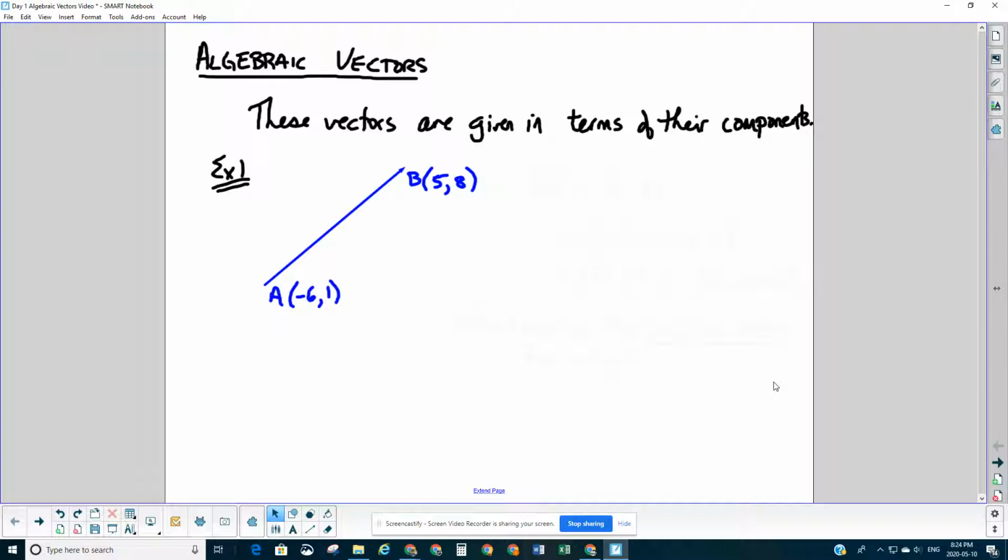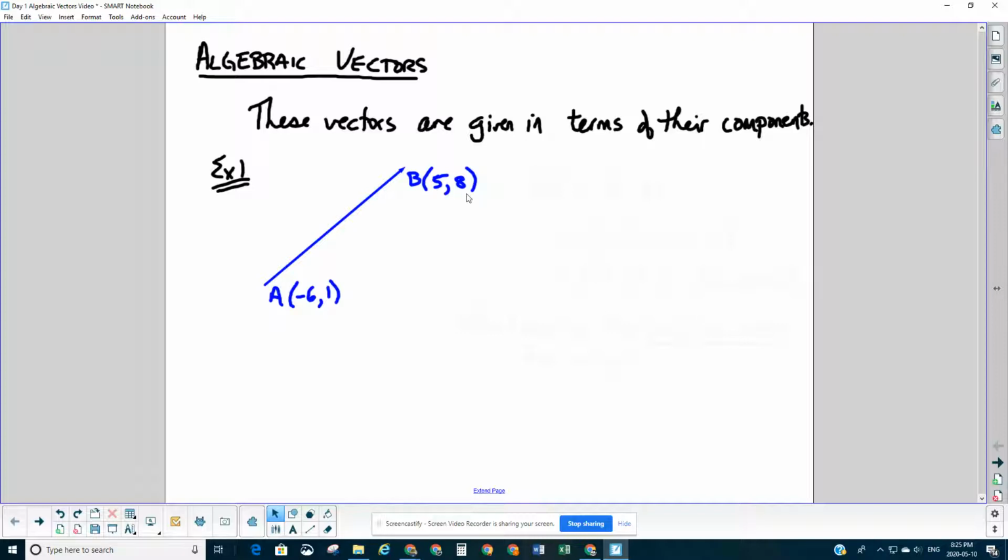So in example 1, we have vectors that are given in terms of their components. And you'll see what a component is in a second. But let's imagine a vector now is placed on a Cartesian plane. So I've taken away the x-axis and the y-axis here, and I've just considered the points. So this vector starts at the point A, negative 6, 1, and travels along the Cartesian plane to the point B, 5, 8.